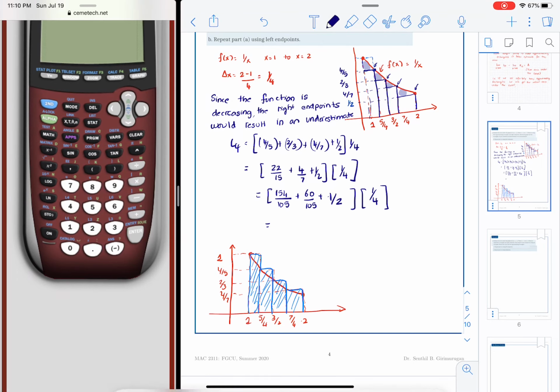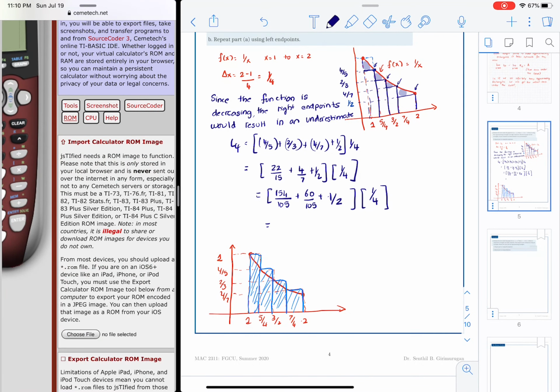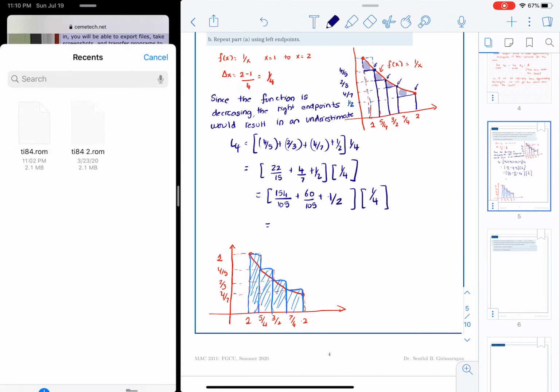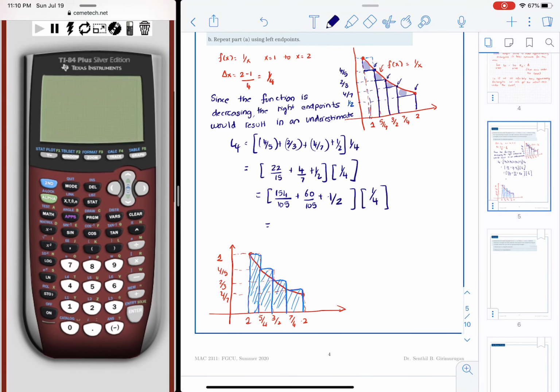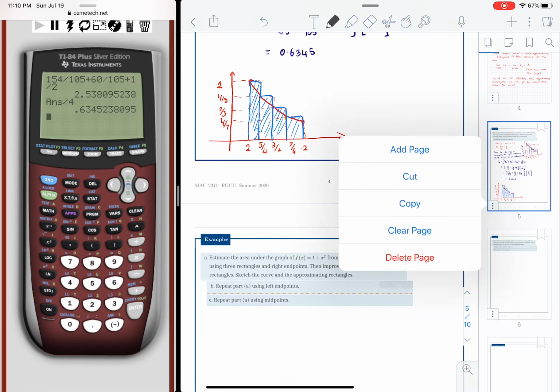Of course, we could use a calculator to evaluate it. Let's just do that. A bit easier instead of dealing with fractions. So 154 over 105 plus 60 over 105 plus 1/2 divided by 4, we end up getting 0.6345.